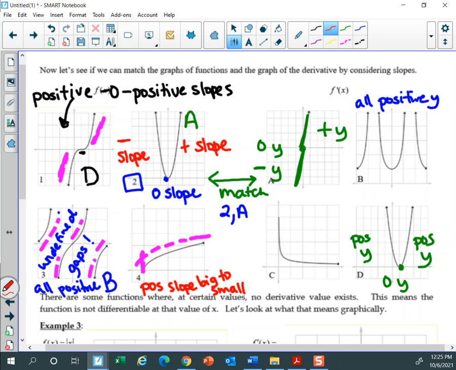So positive y's from really infinitely big y's to really small y's. 4 matches with C. This is where you would definitely want to go to the textbook work and practice doing this kind of matching. We'll also have a review later where we will do another practice with this, looking at some graphs and some derivatives and matching them together.